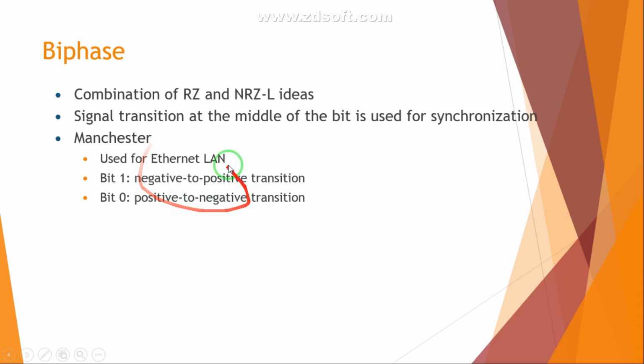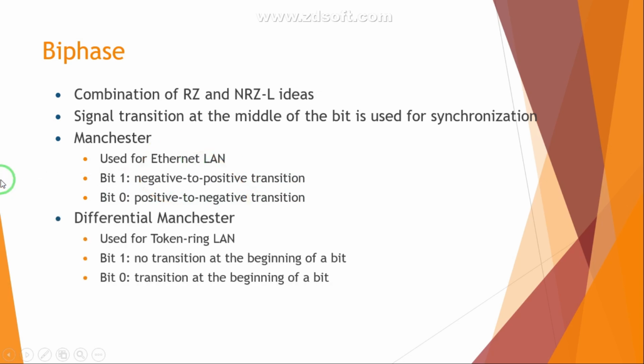So remember this. The second one is called differential Manchester, and its application is for token ring LAN connection. In differential Manchester, bit 1 represents no transition at the beginning of a bit, and bit 0 means a transition at the beginning of a bit.